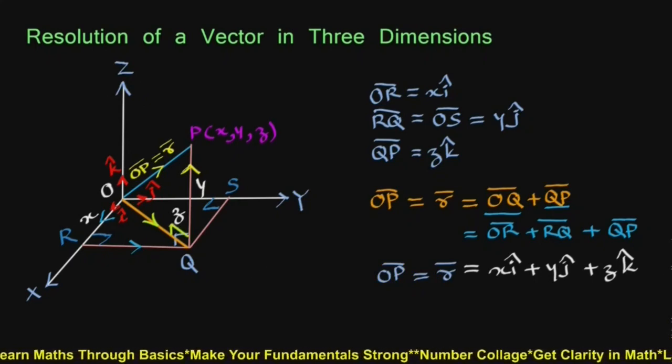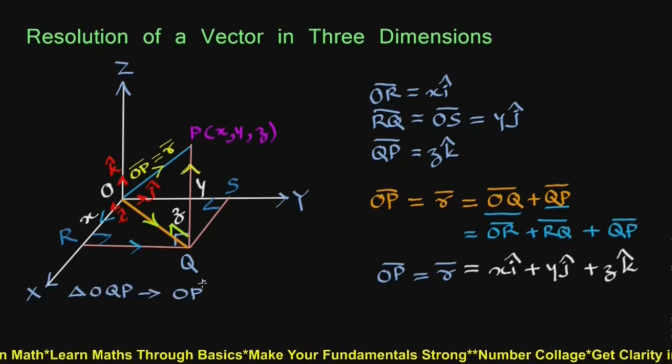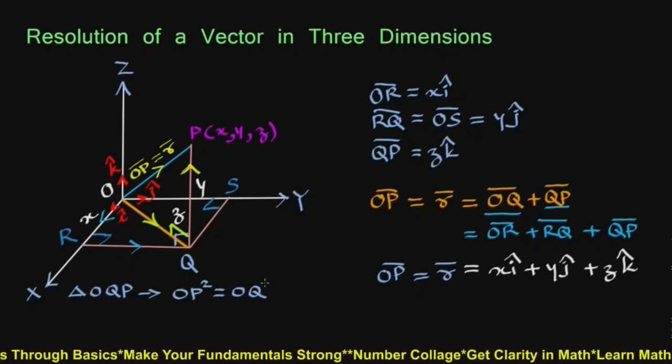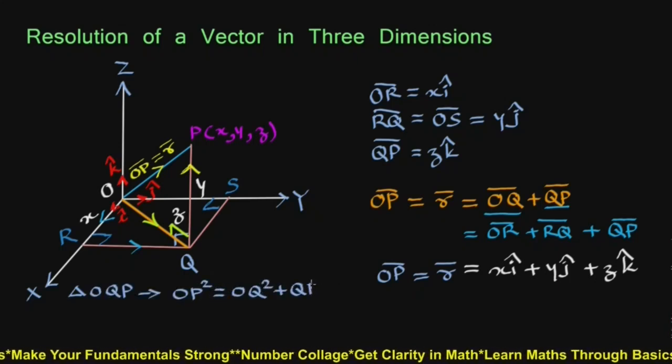Therefore, in right triangle OQP, OP square equals OQ square plus QP square.